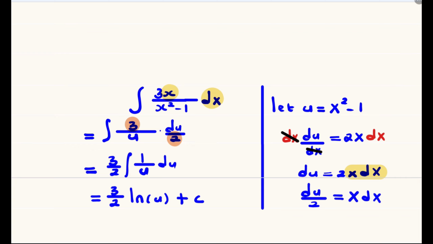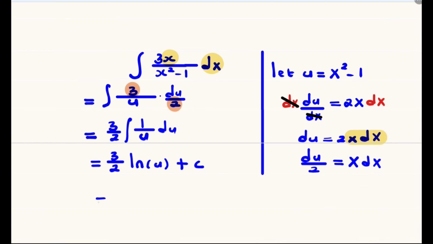In the place of the u, we substitute back x squared minus 1 plus the constant c. So let's copy and paste.